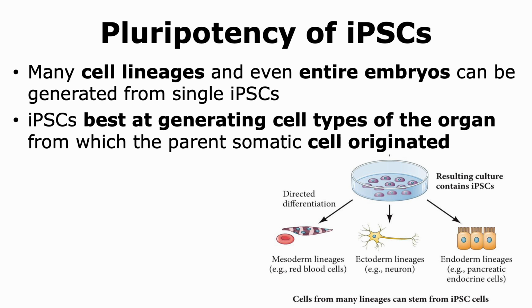When we look at this figure below, it basically shows this concept, where the induced pluripotent stem cells can form different types of cells, like mesoderm lineage cells such as red blood cells, or ectoderm lineage cells like neurons, or endoderm lineage cells like pancreatic cells, and thus they can give rise to a wide variety of cells.